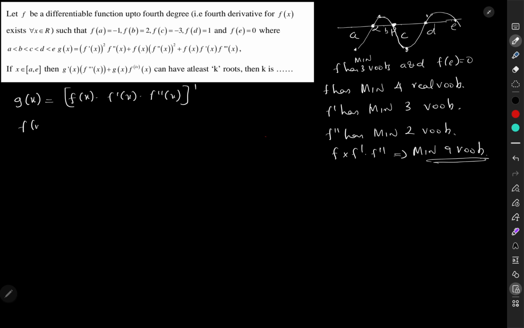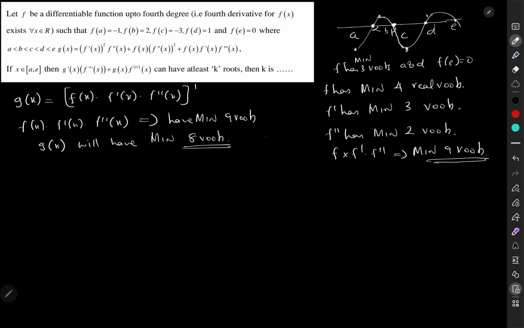So f of x into f dash x into f double dash x has how many roots? Minimum 9 roots. So its derivative, which is g of x, will have, between every 2 consecutive roots, 1 root. So it will have minimum 8 roots.